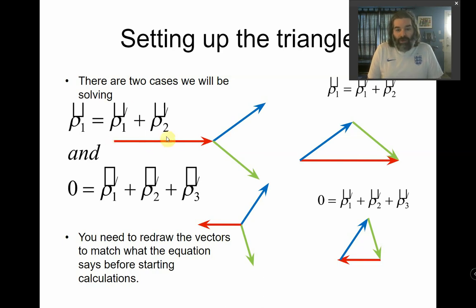So you have one object with momentum p1, p2 originally is 0, and then you have p1 prime and p2 prime as the momentums after. And when you add this up, what it looks like is p1 equals p1 prime plus p2 prime. So you'll notice these two vectors equal the same as p1. So there's your triangle to solve for your vectors.